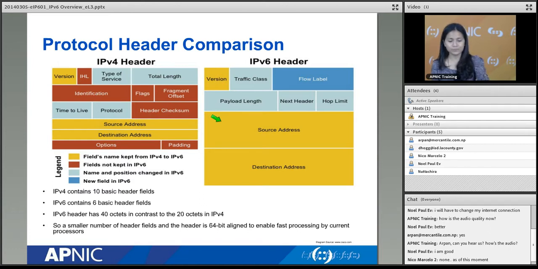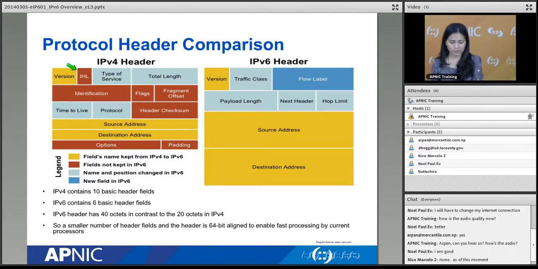Next, the fields that are in red are the ones that have not been kept in IPv6. So you won't see them in the IPv6 headers because these are the ones that we removed from IPv4. It's not essentially removed from everything, but most of them have been moved from a necessary field into an optional field, and we will see that later on.